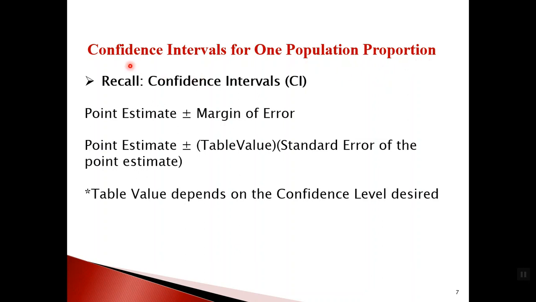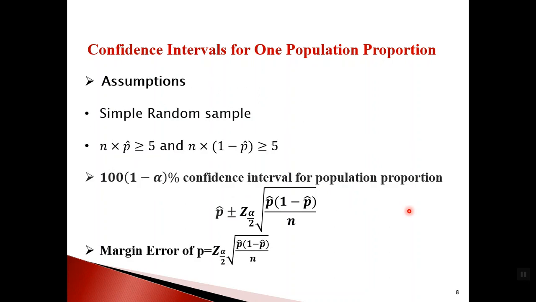The table value, the C table value, depends on the confidence level, which means alpha.